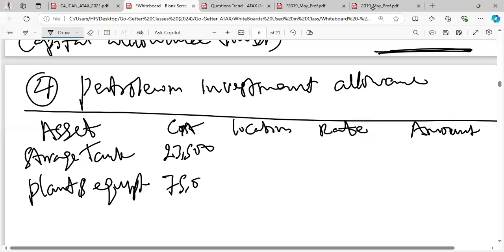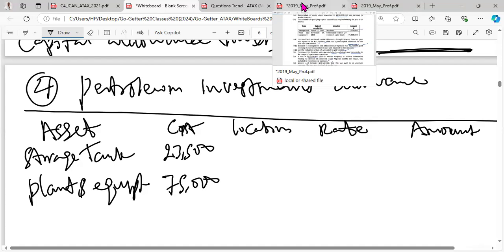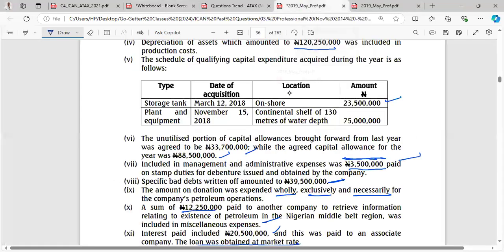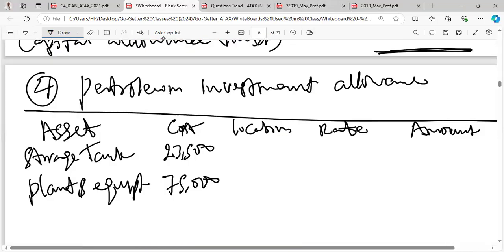Location, this is onshore and 30 meters depth.